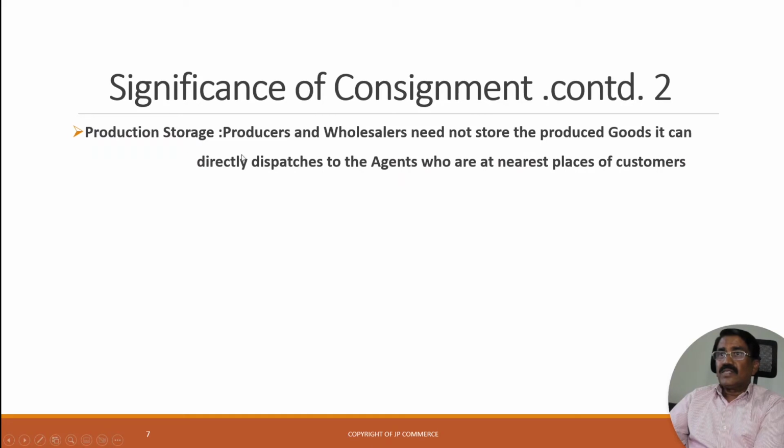Production and storage. Producers and wholesalers need not store the produced goods. They can directly dispatch them to their agents who are at the nearest places to the customers. Soon after the goods are produced, the manufacturer or producer need not maintain them in his godown or warehouses.